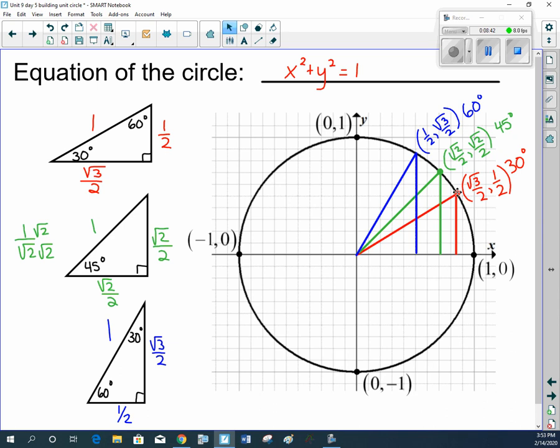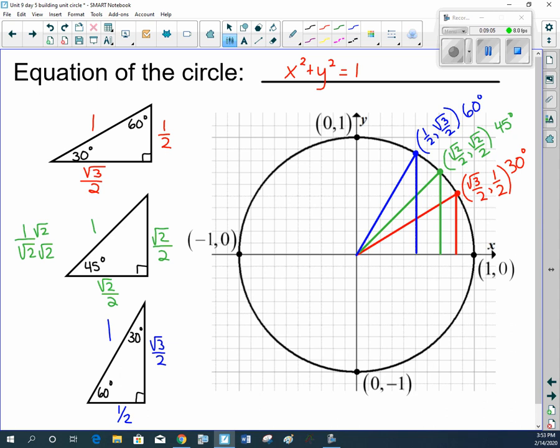And then our third point was when we rotated 60 degrees and we got 1/2, comma, square root of 3 over 2. So we've added 3 more points to our unit circle besides the points that are on the intercepts. What we're going to do now is take all 3 of those triangles and put them in the other 3 quadrants.